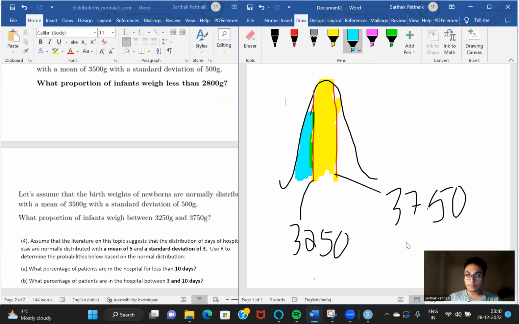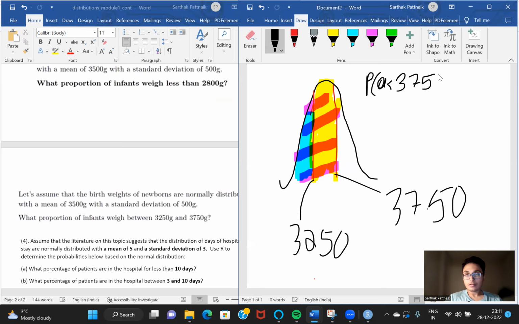The proportion behind 3750, which I'll mark in pink, can also be calculated using pnorm.